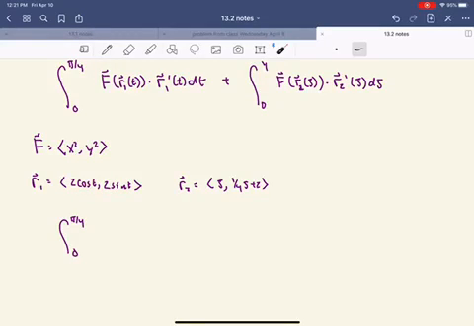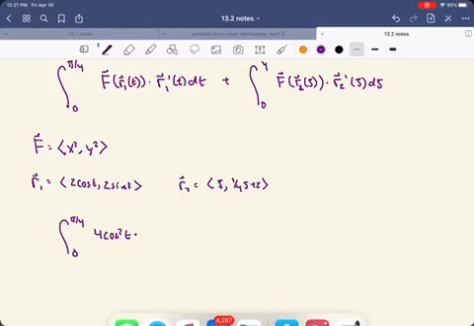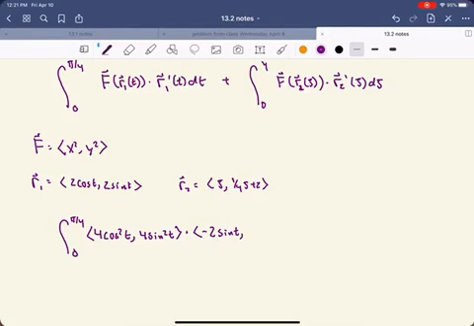So we're going to have 4 cosine squared of t, 4 sine squared of t, that's F, dotted with r prime, which is negative 2 sine of t, 2 cosine t, dt.